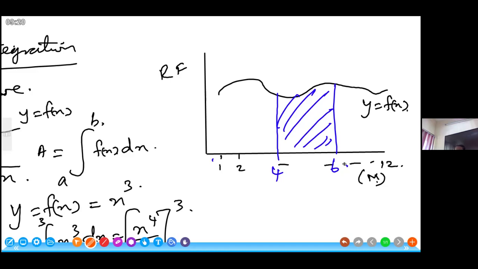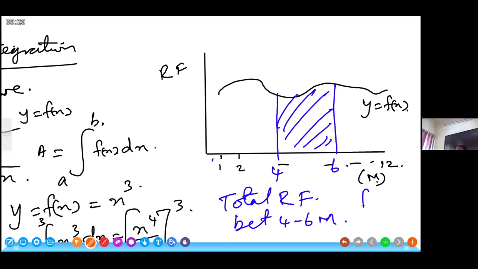I want to find out the total rainfall between 4 to 6 months. Then we can integrate this function with respect to x for the range of 4 to 6 months, as an example.